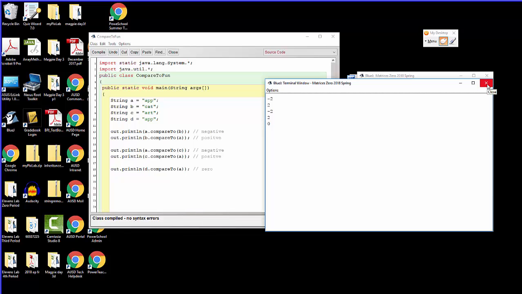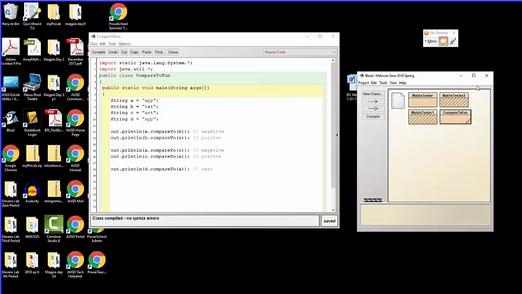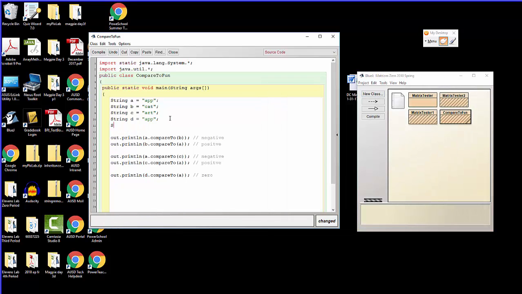Now, I'm not trying to be mean or patronize you, but just in case, guys, just in case back in elementary school you were not paying attention, let me do one more example. String E equals apple. Let's compare strings D and E, app and apple.